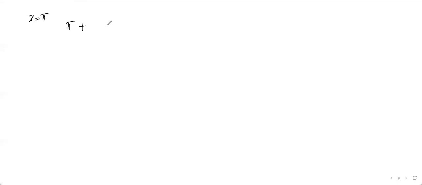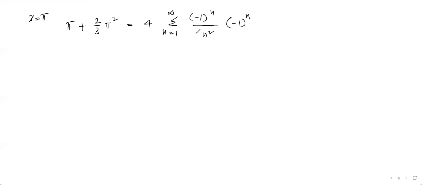Okay, and then when you simplify it, we get 2 by 3 pi square, 4 summation n is equal to 1 to infinity minus 1 to the power of n by n squared, minus 1 to the power of n.